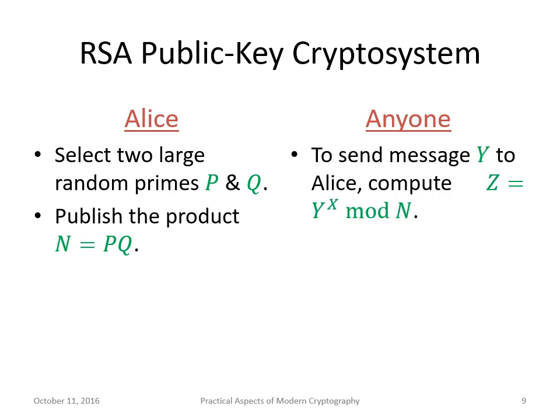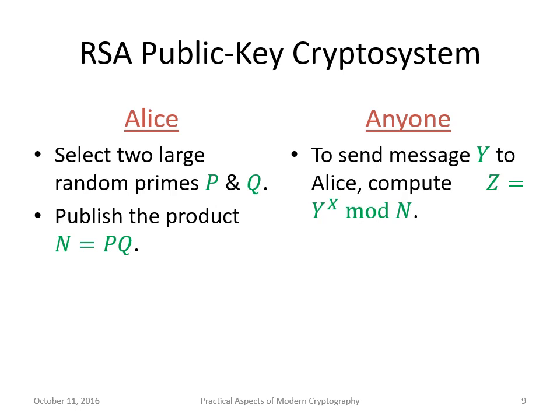When anyone wants to send a message to her, they will take their message y. They will use this value x, which I'll talk about in a minute, and they will compute z equals y to the x mod n. So they take the message, raise it to this power x modulo n, and send the result.